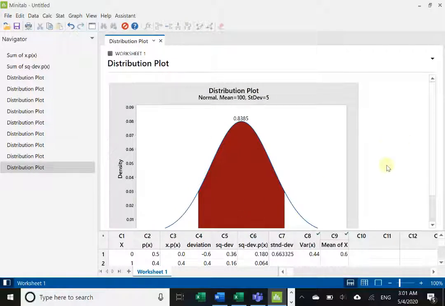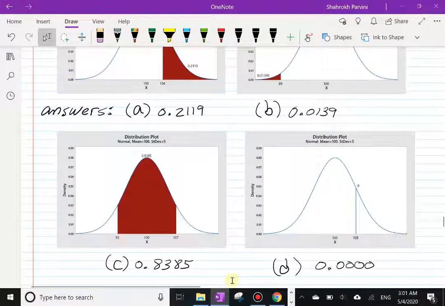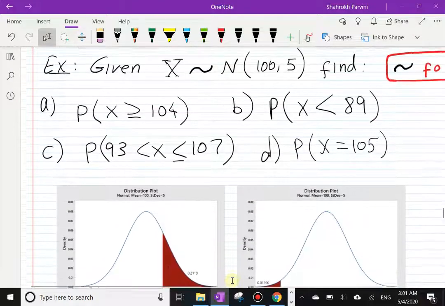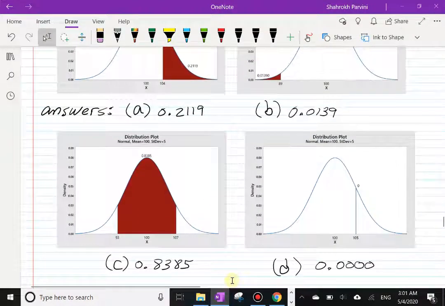And there we have this one. So the probability is 0.8385. So that's how I got those numbers. All right, hopefully now you're comfortable working with normal distribution and finding probabilities in any formation.